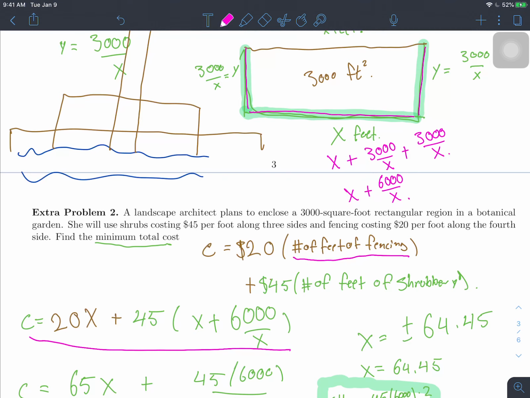And the key thing is to say, okay, suppose I did decide how long one of the sides was. Well, then I would know how long the other three sides are, because I know how much area is enclosed. And I know the fact that this shape has to be a rectangle.